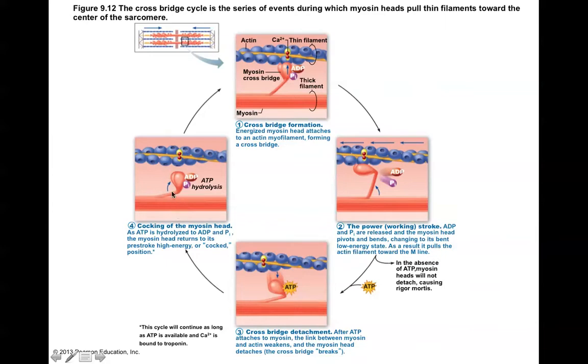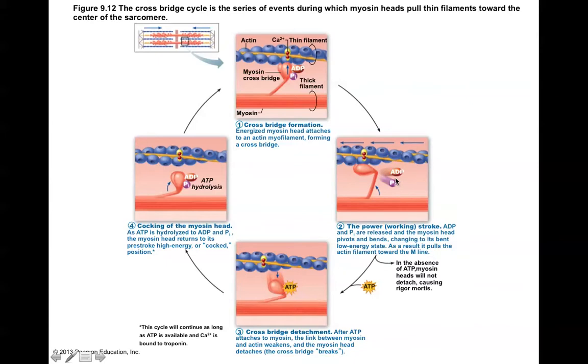But here we go. Then with the myosin head cocked, the first step again is that the cross bridge forms, where the myosin head interacts directly with the actin active site. And you'll notice that the ADP and the inorganic phosphate are still there, attached to the myosin head. So now, when we go to the next stage, it's cocked at this stage.